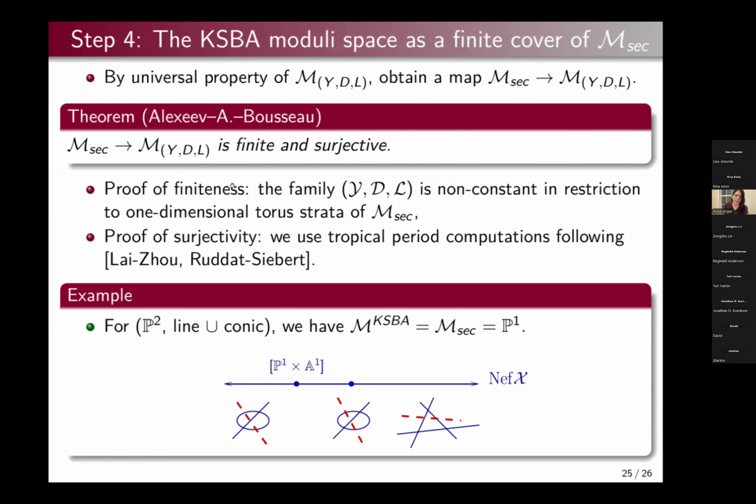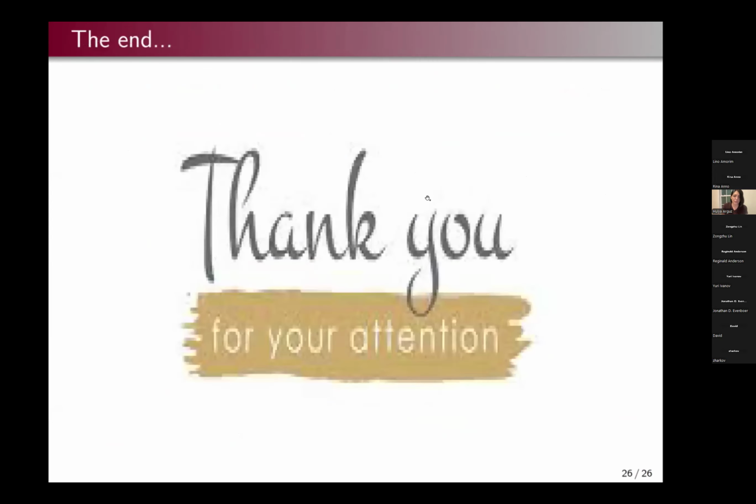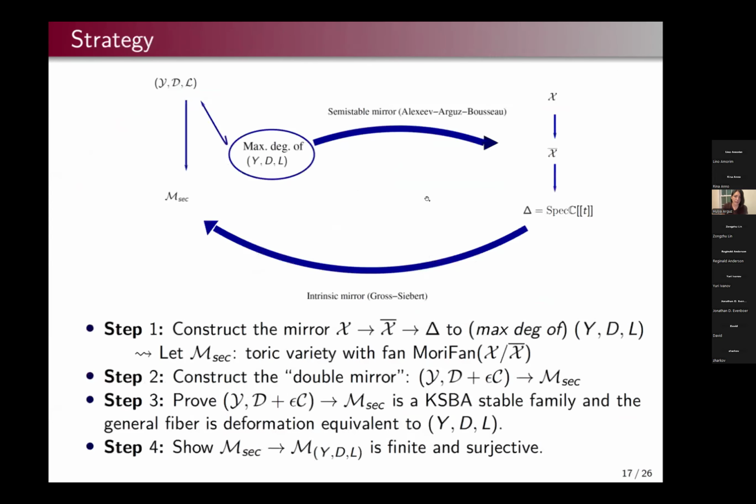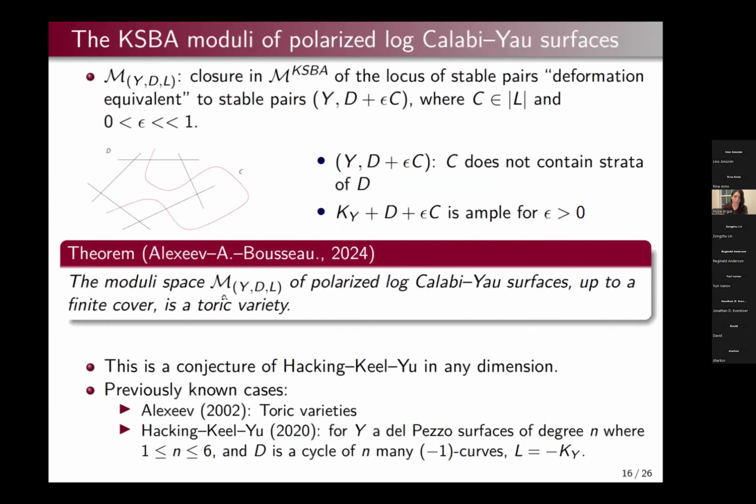And then we prove that this map is finite and surjective generally. Like in many cases, you don't need to worry about finiteness. Like if you blow up only one point to obtain YDL, it will be just equal to the K-space moduli space. But generally, we obtain a finite and surjective map. And this completes the proof that I mentioned here, that the moduli space MYDL of polarized Calabi-Yau surfaces is, up to a finite cover, a toric variety.